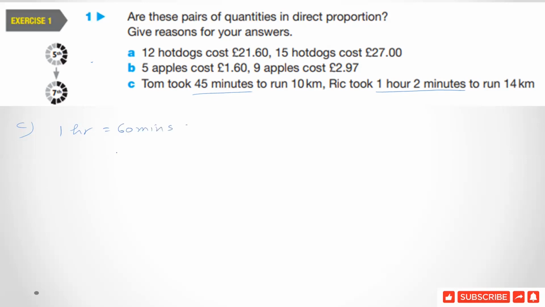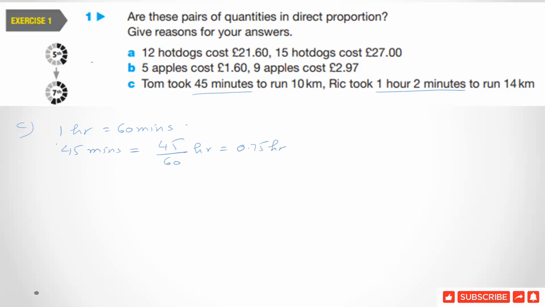So 45 minutes will be equal to 45 over 60 hours, which, when you divide with the help of a calculator, you get 0.75 hour.